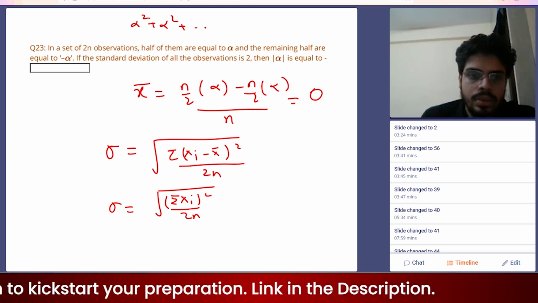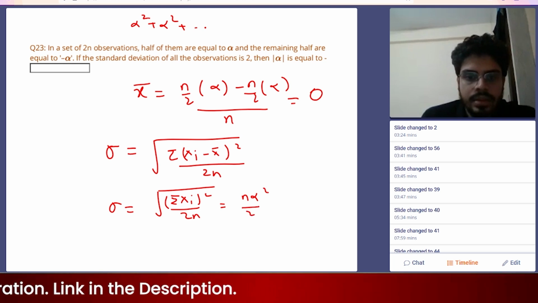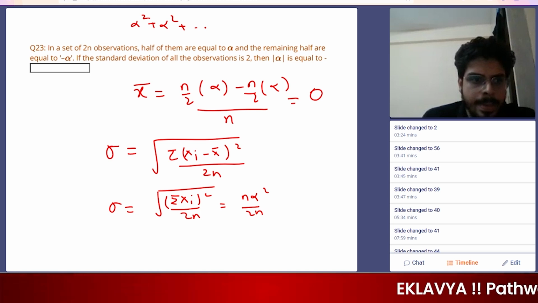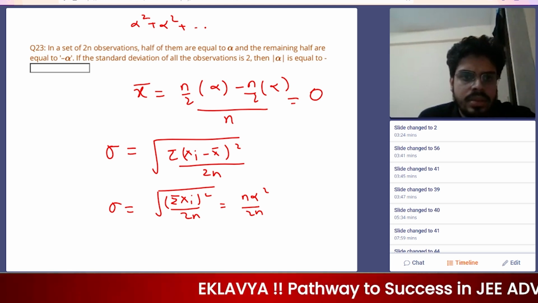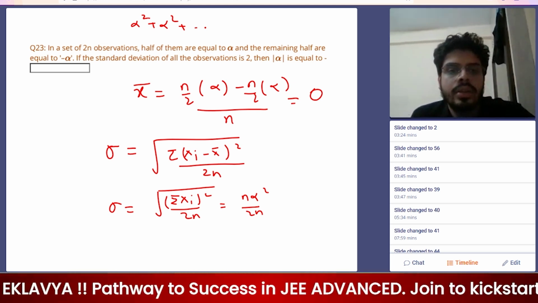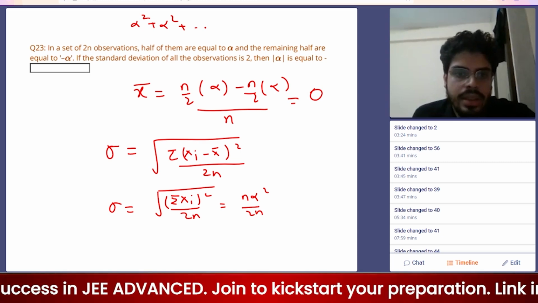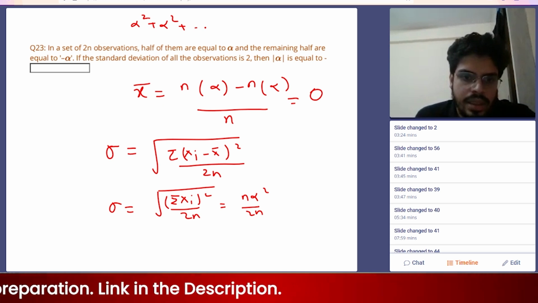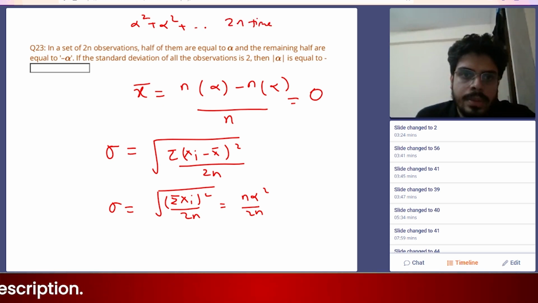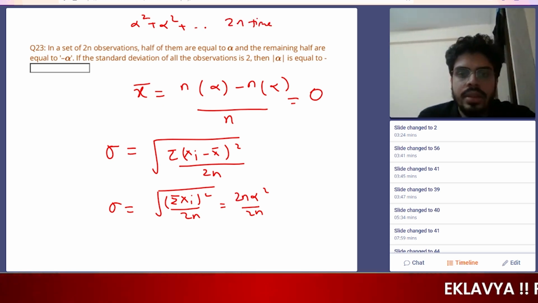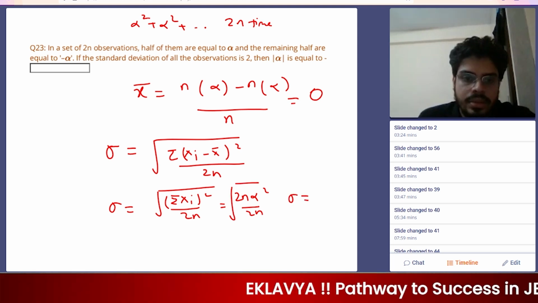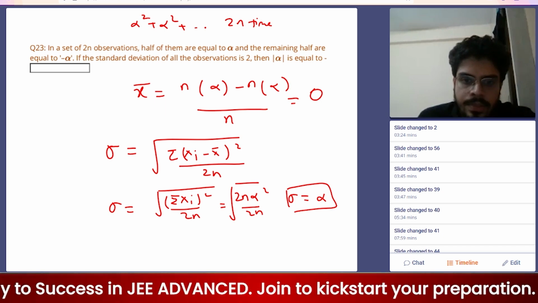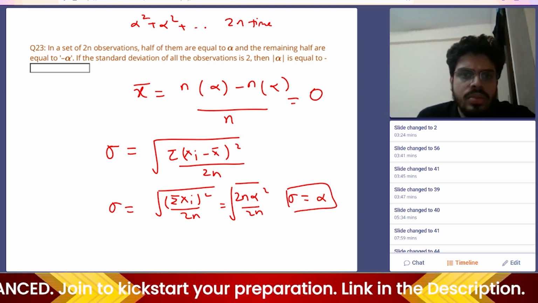The total number of observations is 2n, so I will get 2n alpha square upon 2n. So sigma is equal to mod alpha.